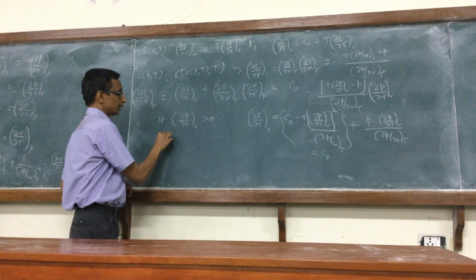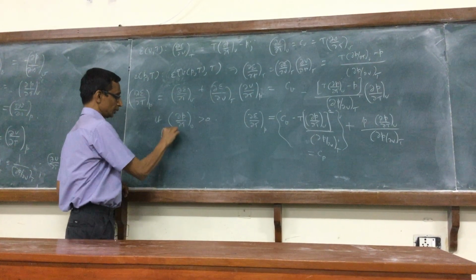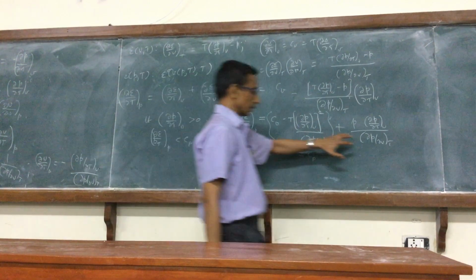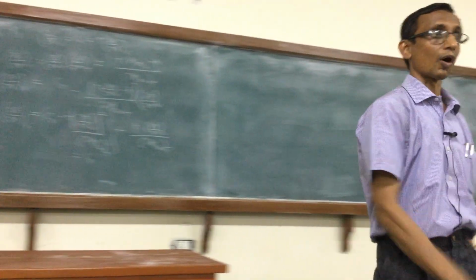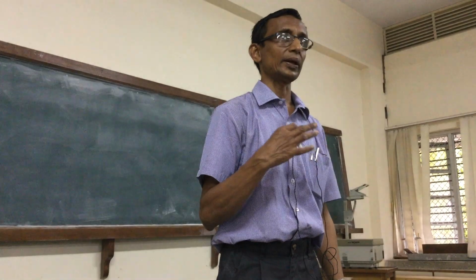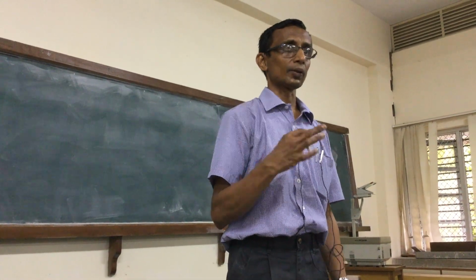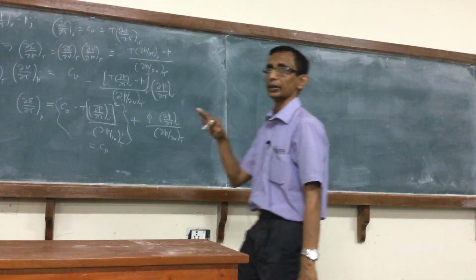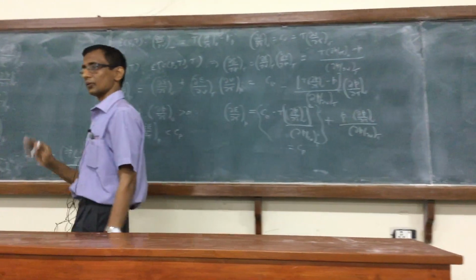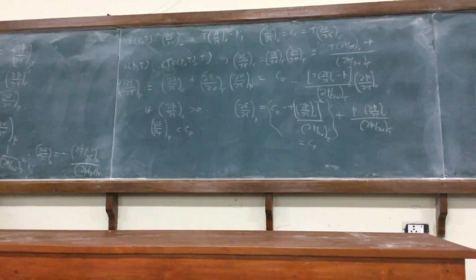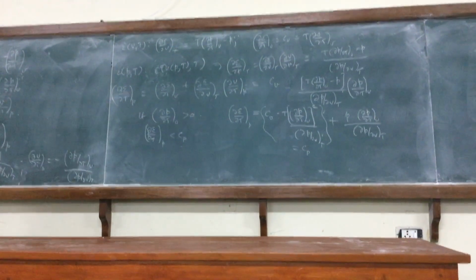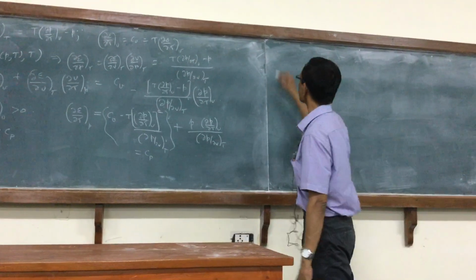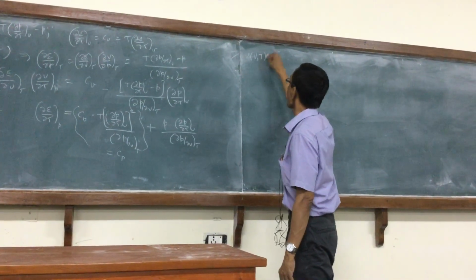So then dE by dT at P is clearly less than Cp. dP by dT can also be less than 0. It can even be equal to 0. We will see that, but typically, generically, dP by dT is normally greater than 0 at constant volume. But there is no restriction on that. Now we move to the next one. We are looking at S, right?